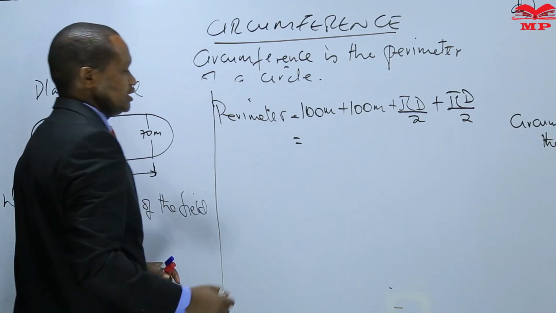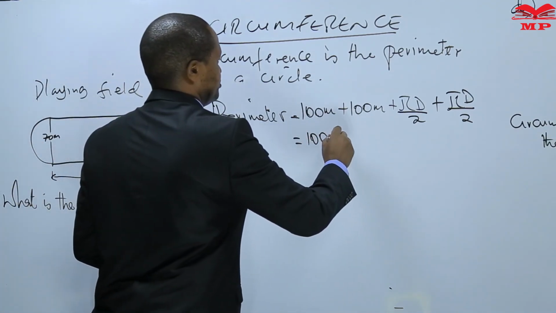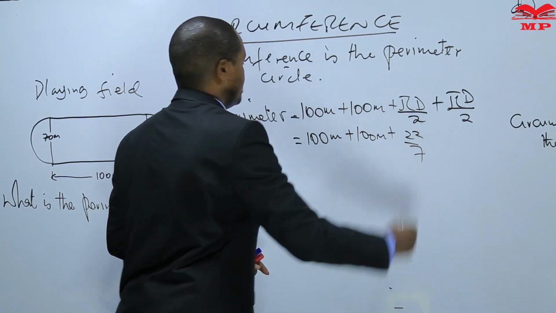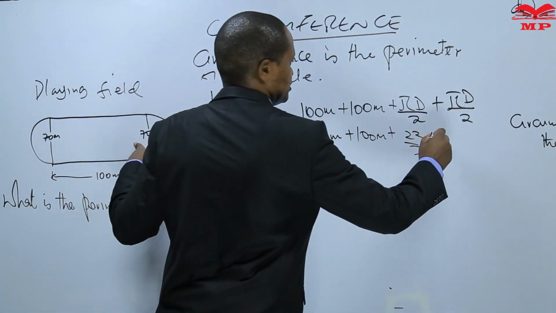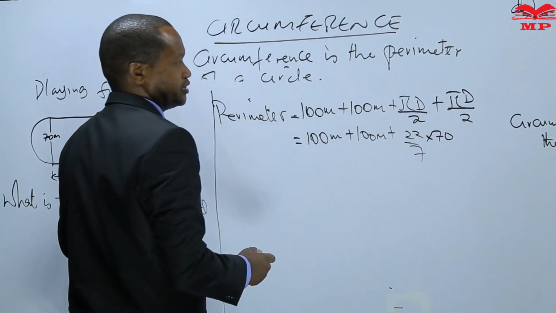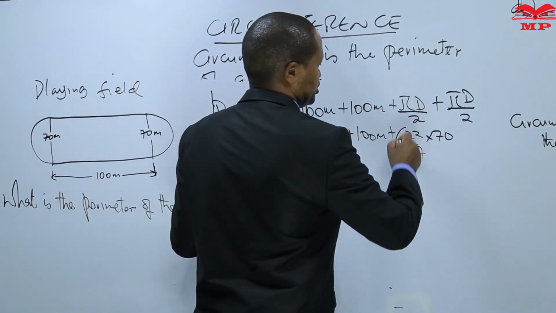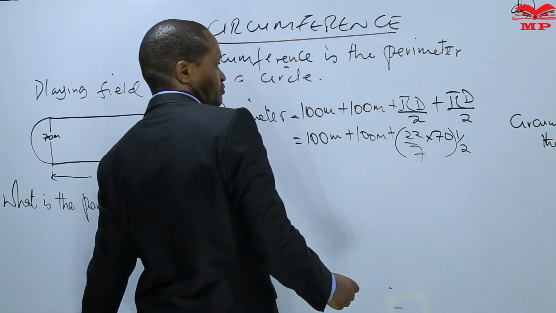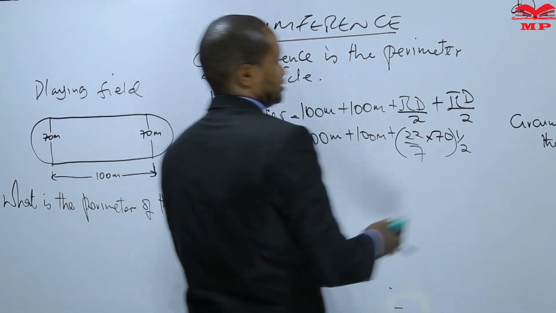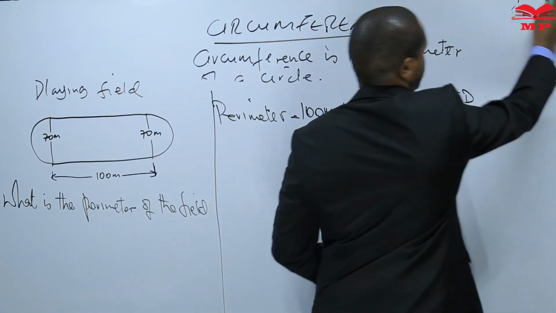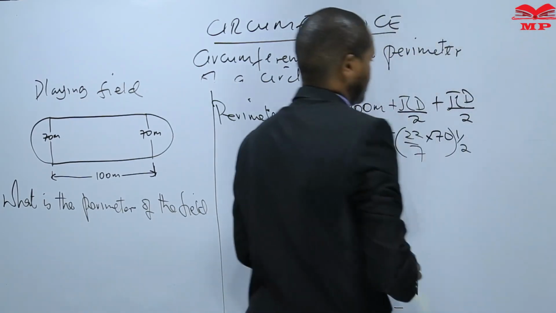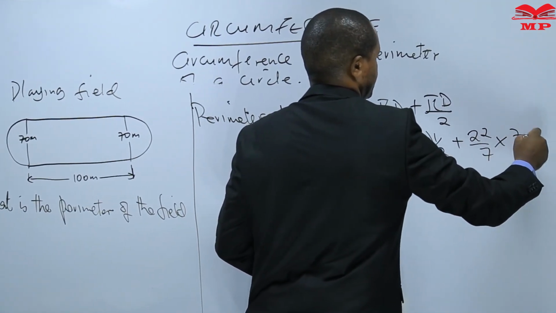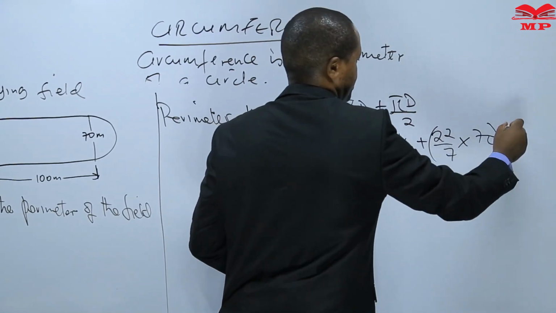So let us go ahead and work it out. 100 meters plus 100 meters plus pi, 22 over 7, times the diameter of 70, times a half, plus pi, 22 over 7 times 70, again multiplied by a half.